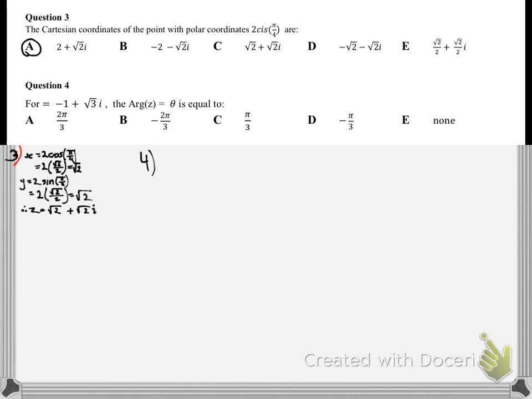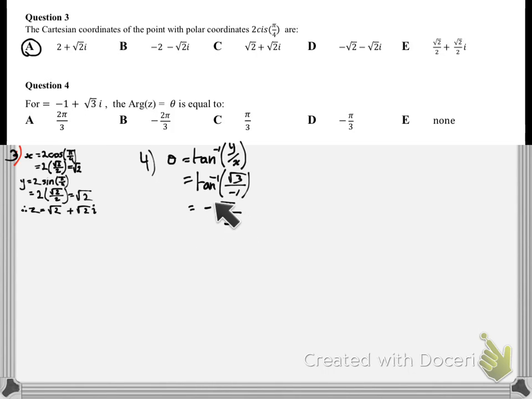Remember the 2 rules there, r cos theta for the x and r sine theta for the y. Okay, so the next question, for this complex number, the argument of z is equal to. Finding the argument of a complex number, we can work it out using the inverse tan rule of y on x, the imaginaries divided by the reals. We have the imaginary part of root 3, divided by the real part, -1.